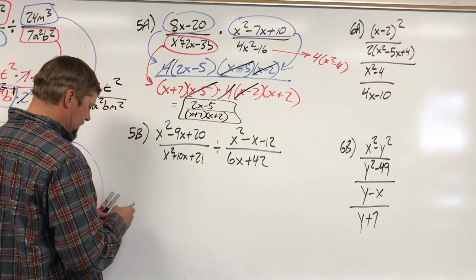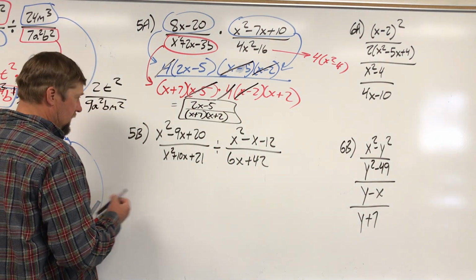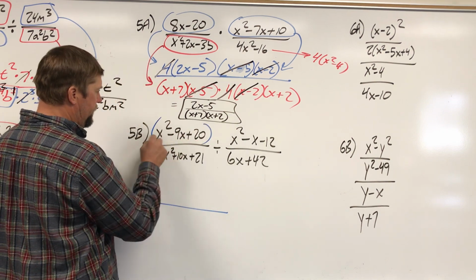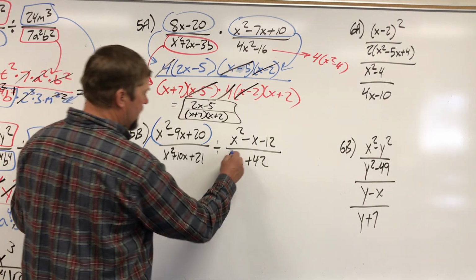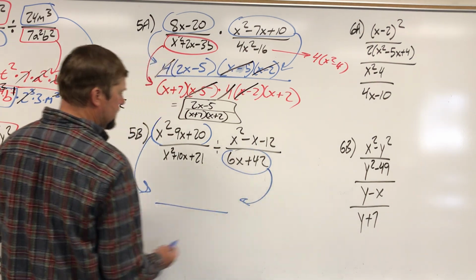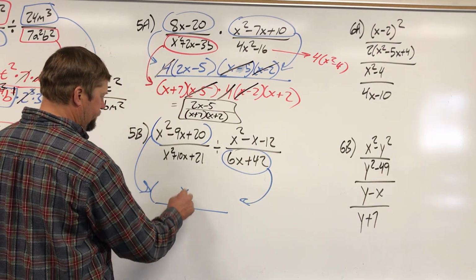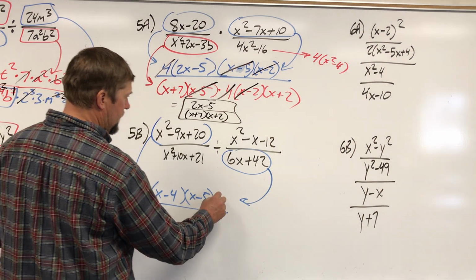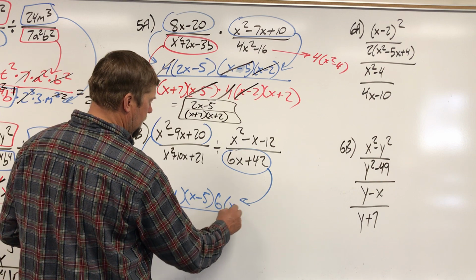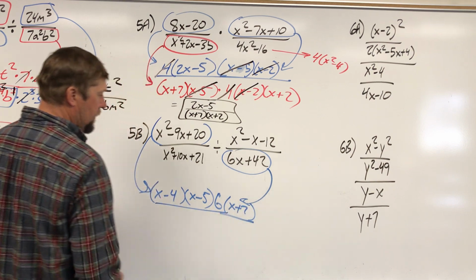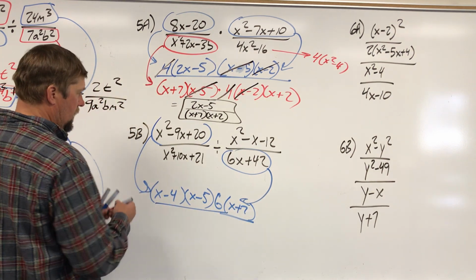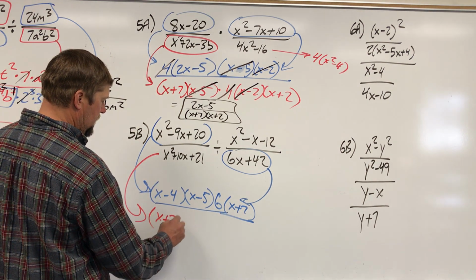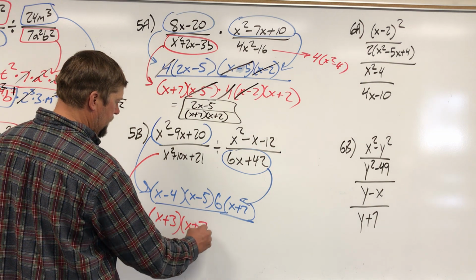So when I take and put the factors of this top goes to the top, and of this bottom also goes to the top. So let's try that. X minus 4, x minus 5, 6, and an x plus 7. This one goes to the bottom, so we have x plus 3, x plus 7.